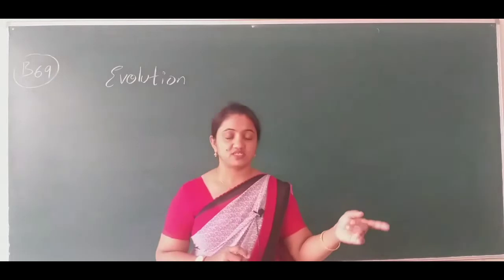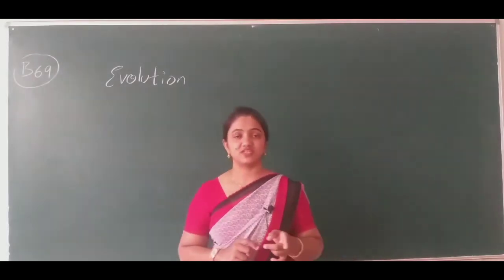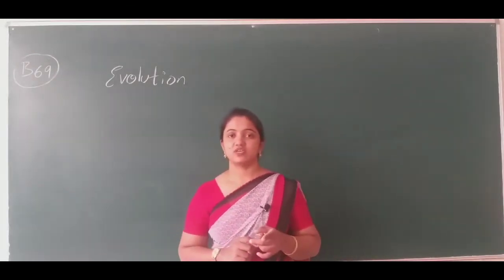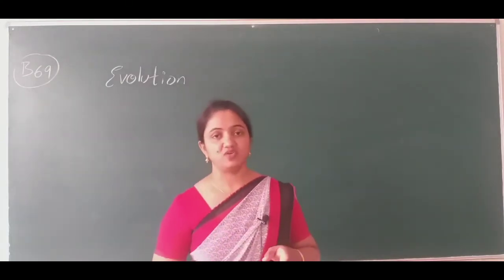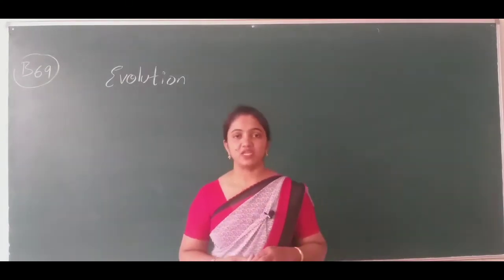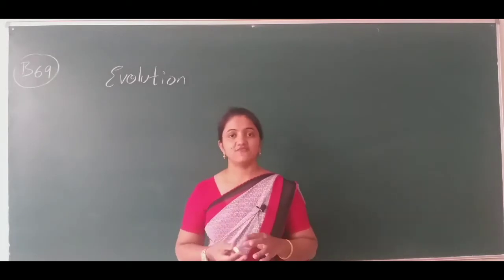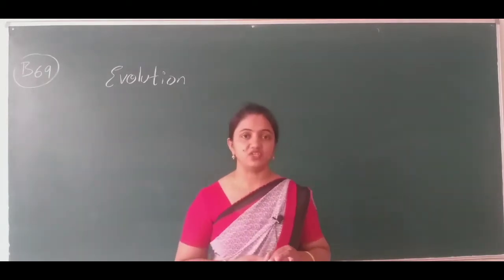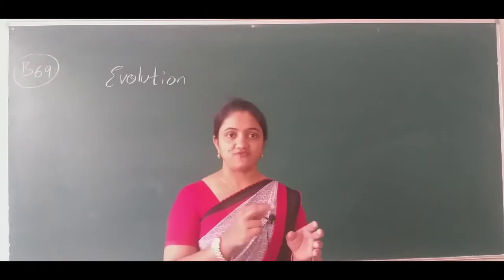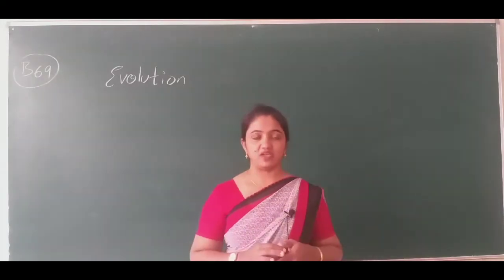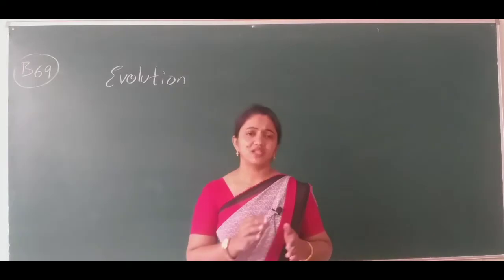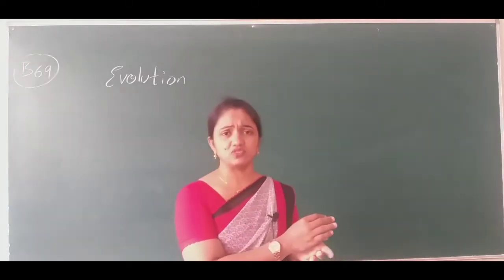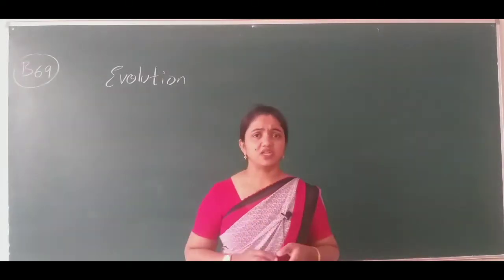In the last sessions itself, we studied the second theory known as spontaneous generation, then the theory of biogenesis, and then the theory of chemical evolution. At last, we agreed to the chemical evolution theory because it gave so many proofs and evidences. Because of all those, we accepted chemical evolution.